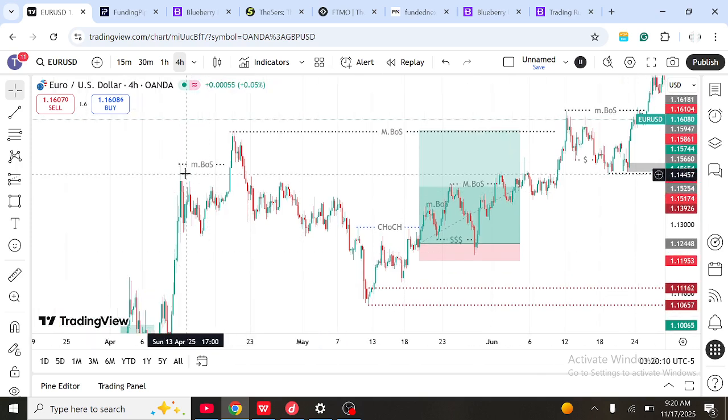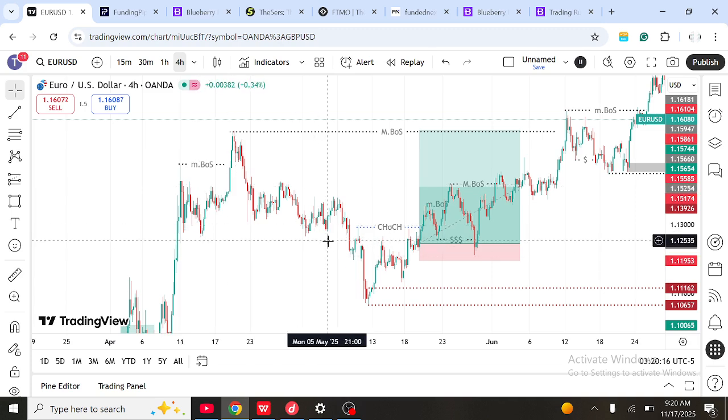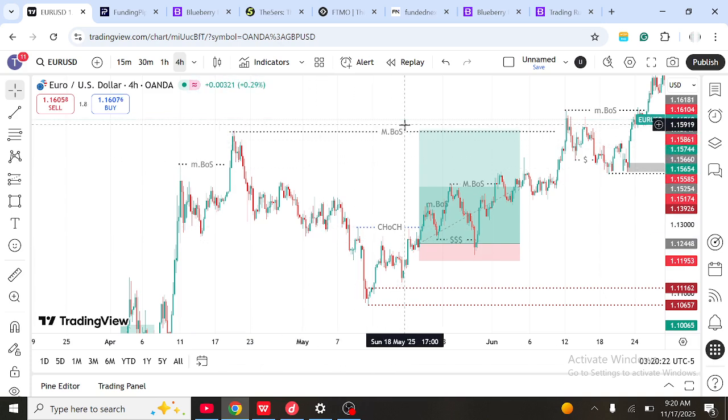You can see here also we have a minor break of structure, and when price takes this out, we are going to have the expectation that a major break of structure is going to print.